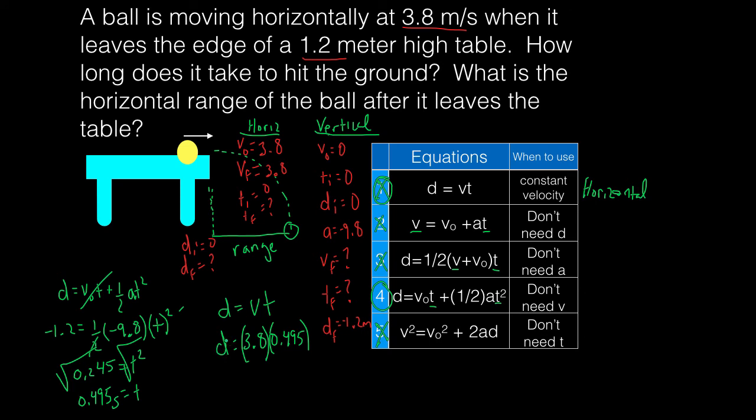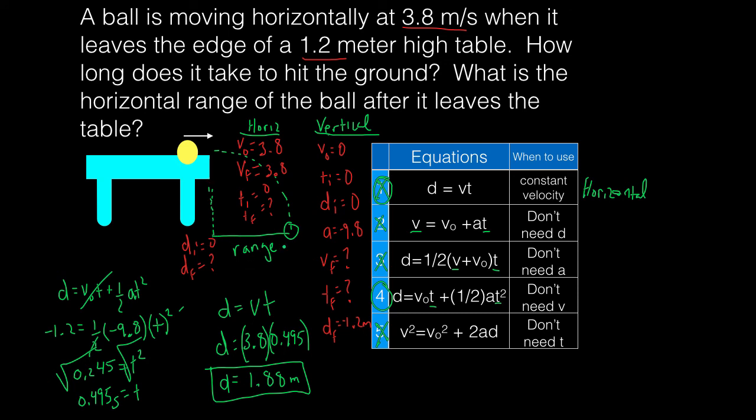So times 3.8, and my calculator tells me that the displacement of this ball horizontally will be 1.88 meters. And so that's the range, or how far horizontally this ball will land from where it left the table.